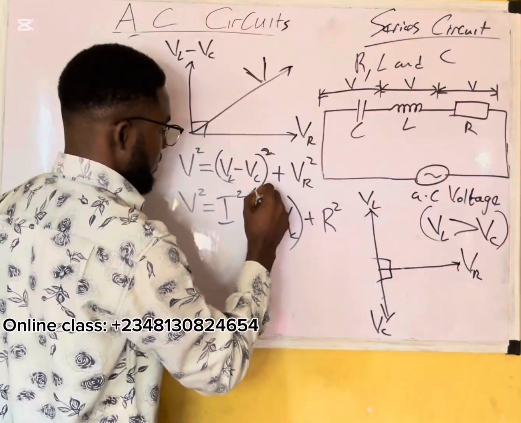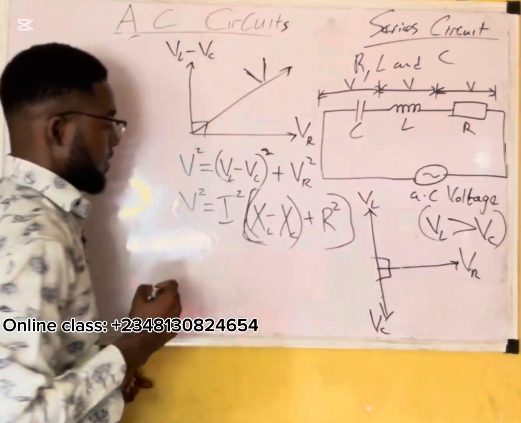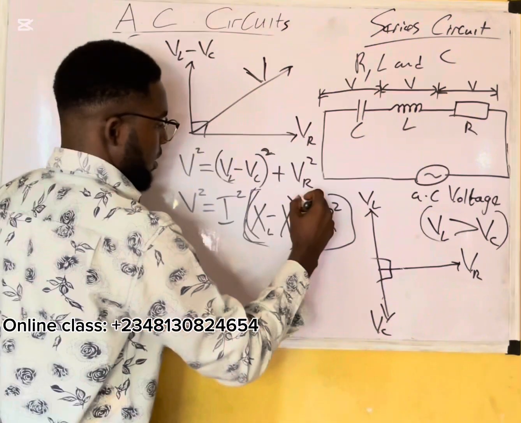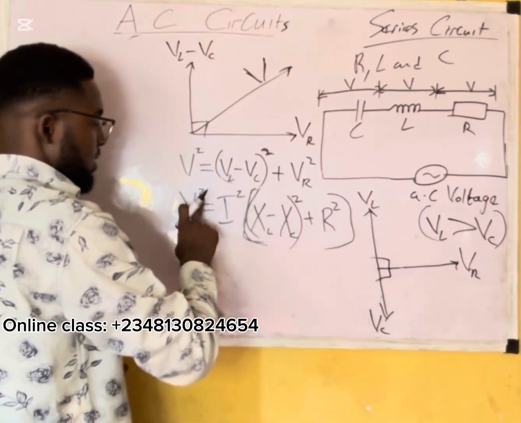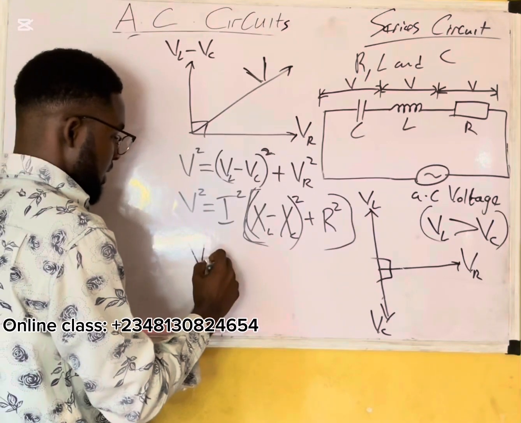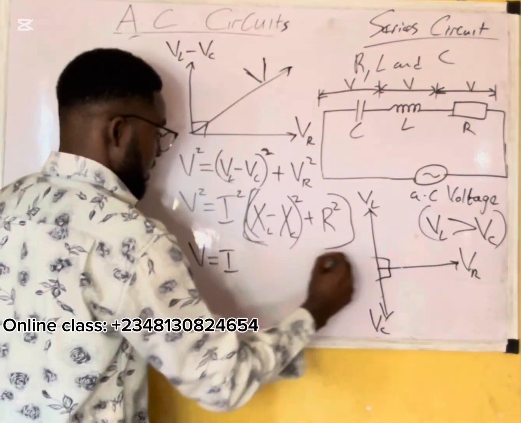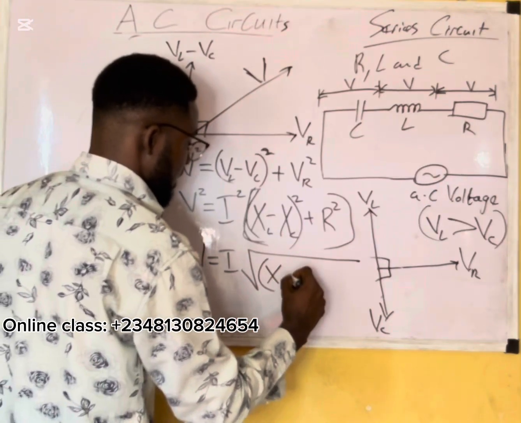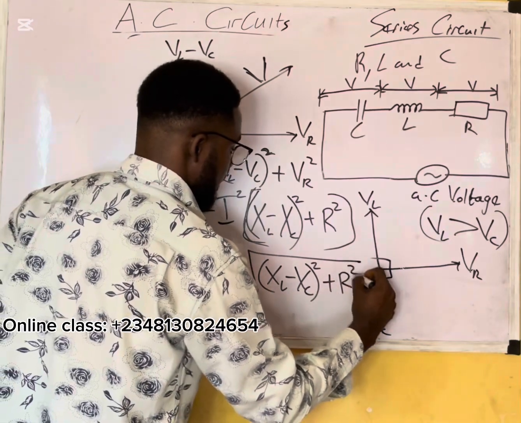So using the brackets, it's going to look like this. This becomes the impedance. Let us take the square root of both sides. This is I, then the square root of (X subscript L minus X subscript C) to the power of 2 plus R to the power of 2.